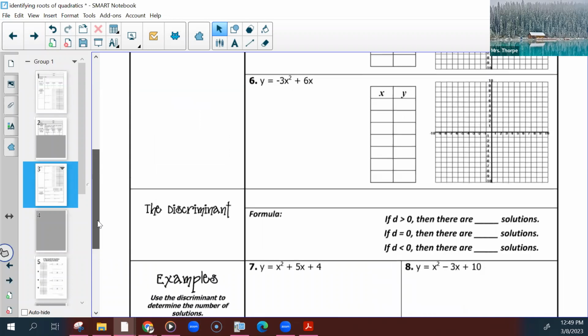So if you don't have your calculator, you need that, go grab it. Do you guys have your calculators?